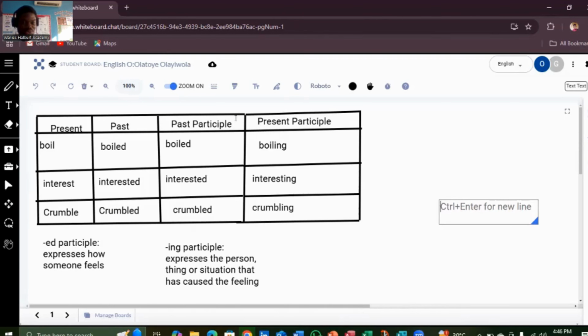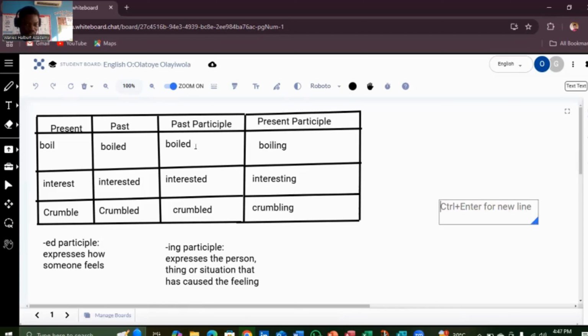So the past participle and the present participle can be used to play the role of an adjective. In fact, probably that is where that term got its name from, participial adjective or participle adjective.